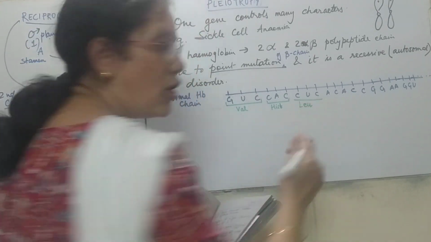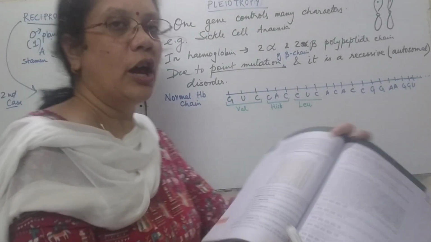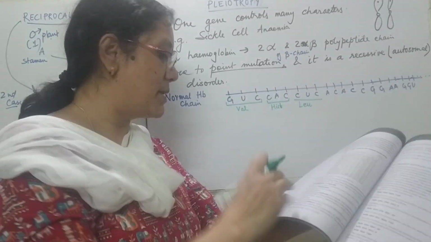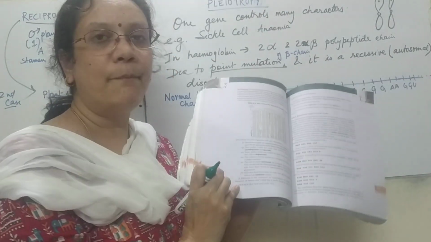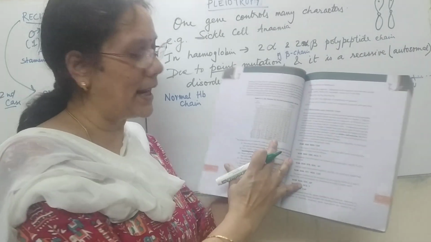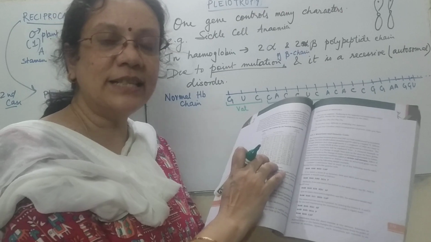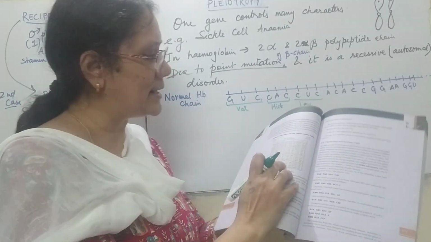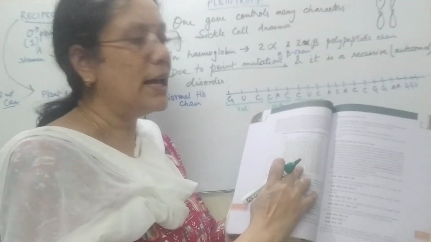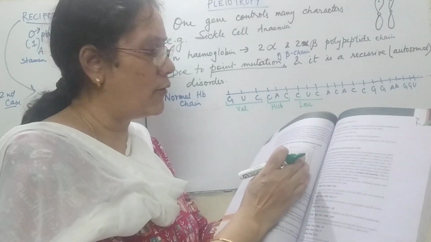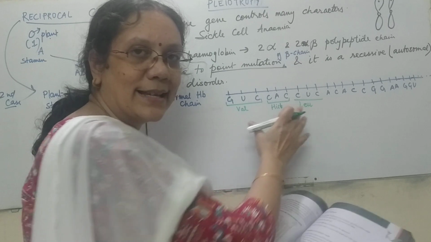Now all these things you will find in your biology book, page number 112. There is a table given here in which the first 3 letters of the amino acids and their codes are given in this box. You can read this, or if you are not able to understand it, you can go through it.